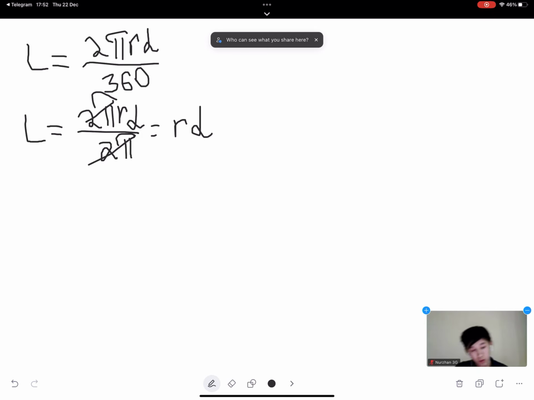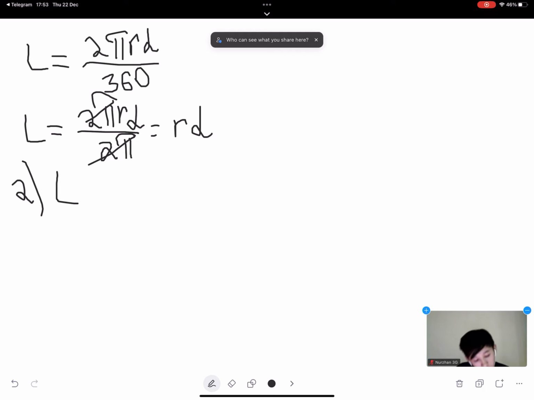Next is example 2. A pendulum of length 26 centimeters swings 58 degrees, and find the length of the circular pathway that the pendulum makes, giving the answer in centimeters in terms of pi.